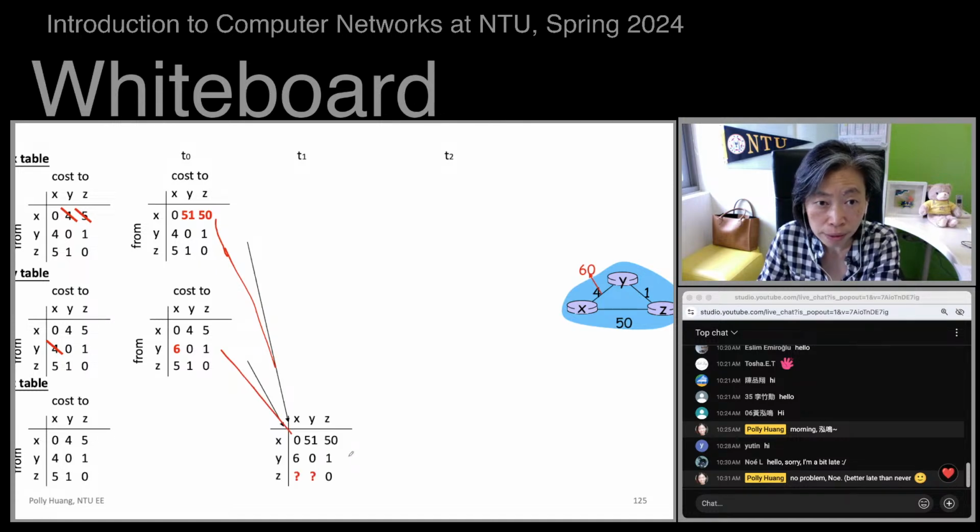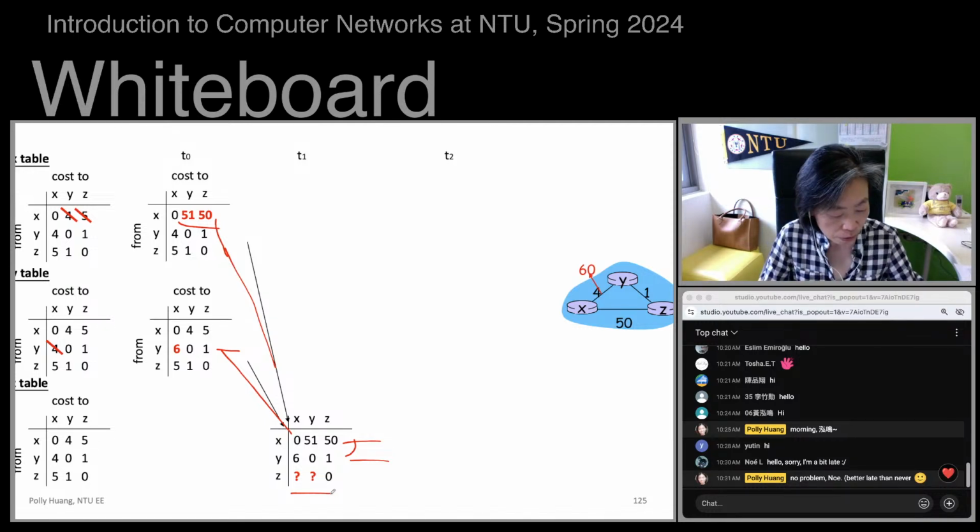So you see z's table, the dx will be the new dx coming from x, and dy will be the new dy coming from y. And with these two vectors received being new, different, what would z do? Z would run the Bellman-Ford equation calculation and regenerate dzx and dzy, isn't it? This is according to the distance vector. So now, follow the Bellman-Ford equation, calculate dzx and dzy.